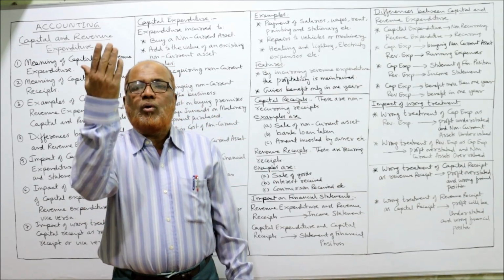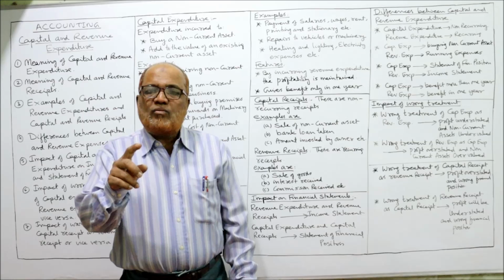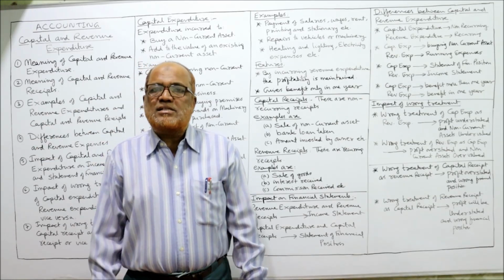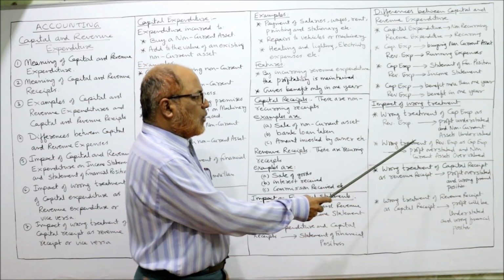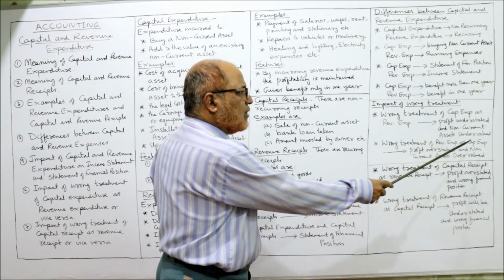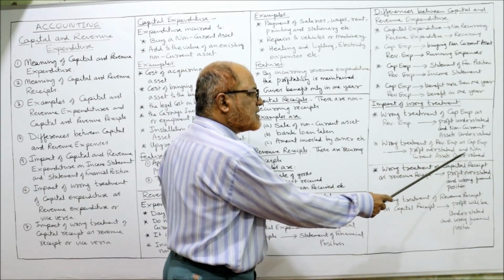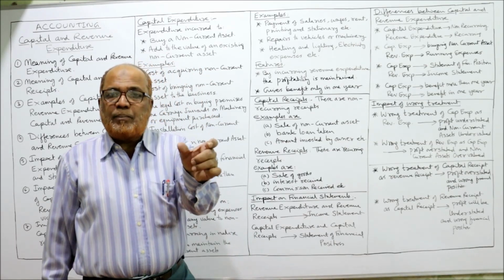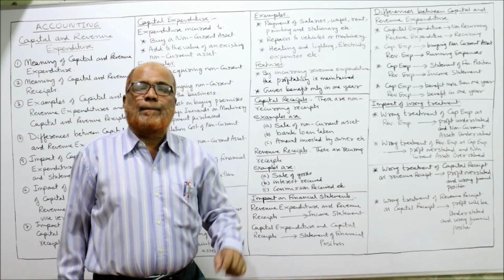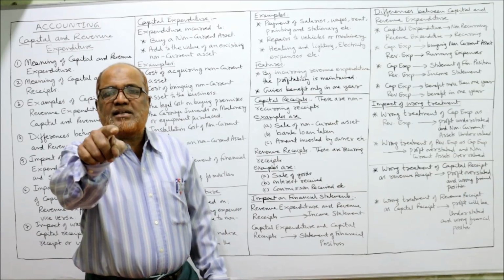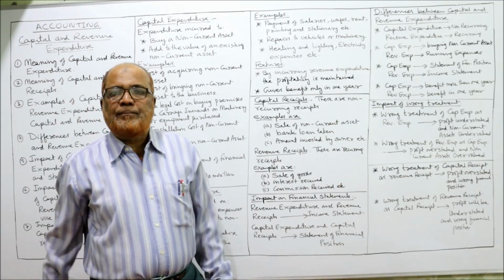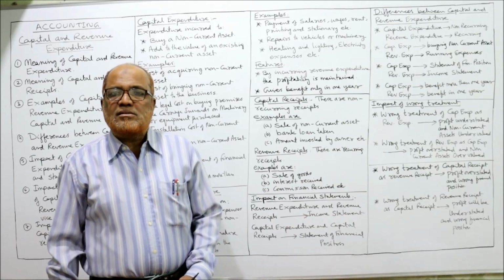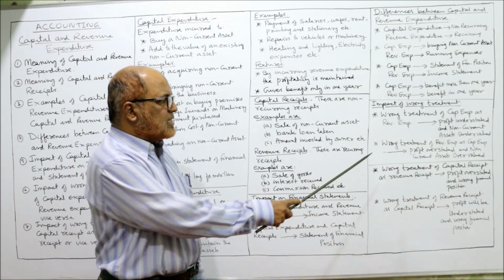And the assets will be overstated. Profit will be overstated and non-current asset will also be overstated because repairs should have been debited to income. But by mistake these repairs are taken in machinery. Then machinery account will increase, balance will increase. So that is the effect.